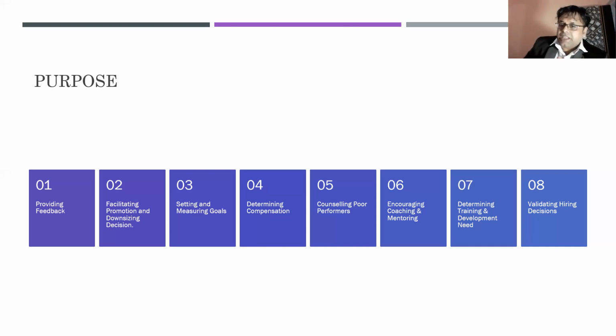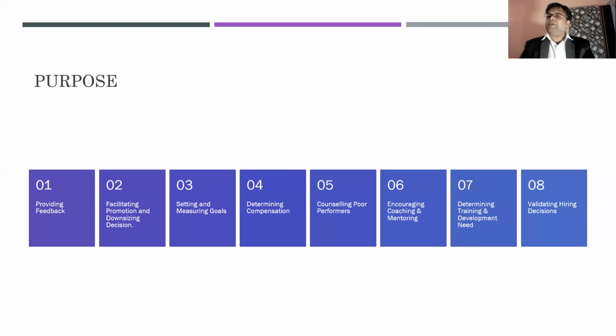Next one is number 7. It is very important: determining the training and development need, because it is an ideal benchmarking process for identifying the training and development need. A person's communication skill is excellent, but he needs some improvement in presentation skill, so he needs to be given some training on presentation skill. He is fabulous in presentation and communication, but he is not very good in Microsoft Excel, so he is not able to analyze the data properly.